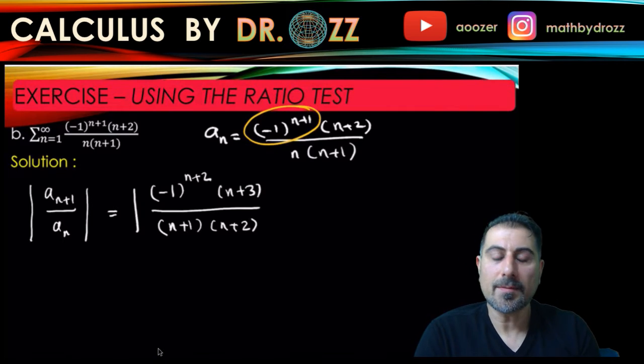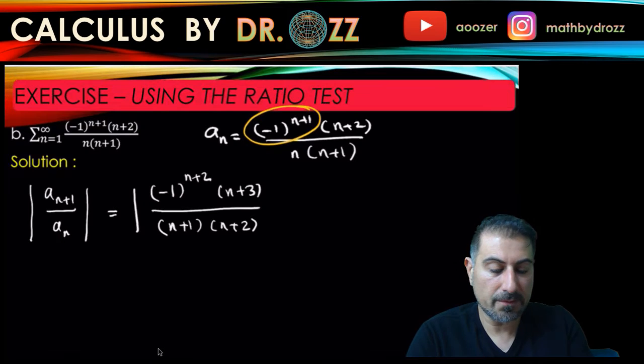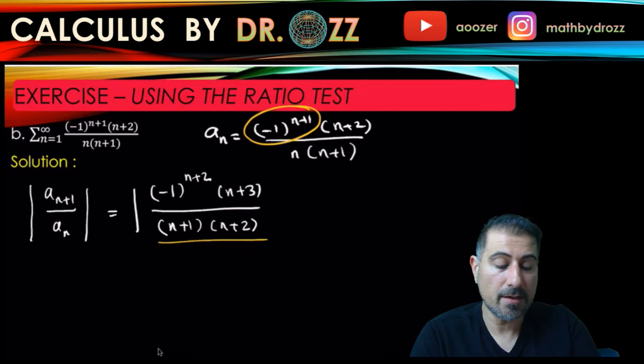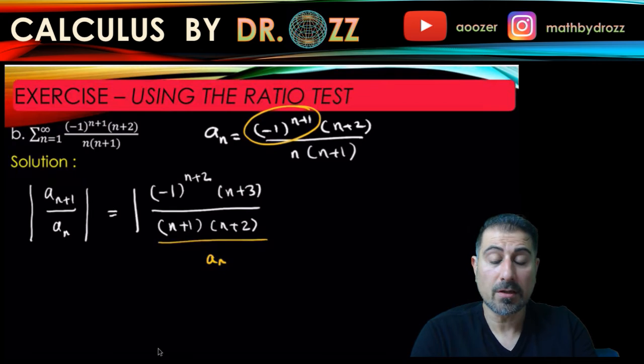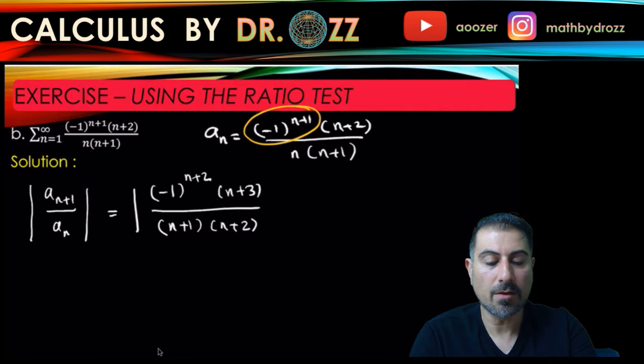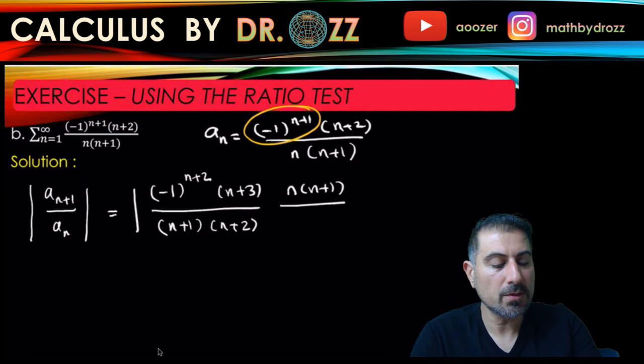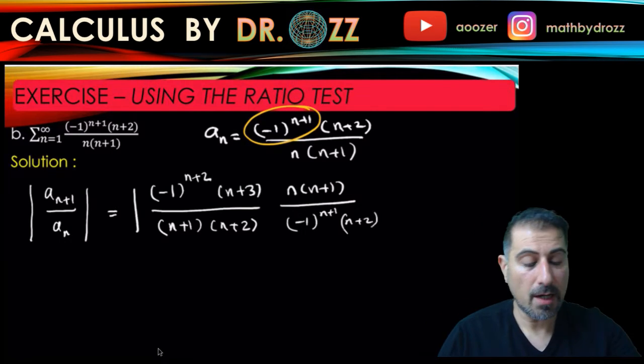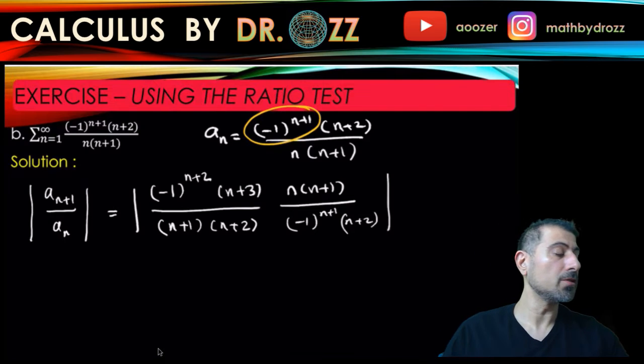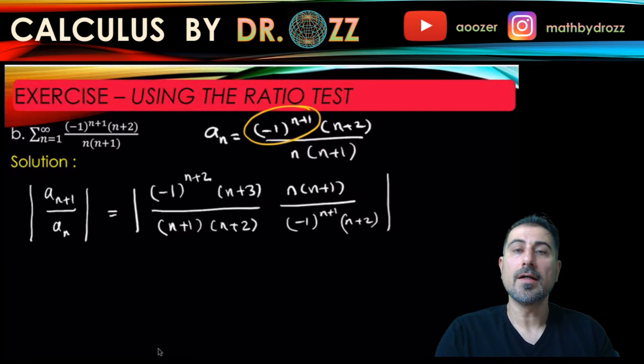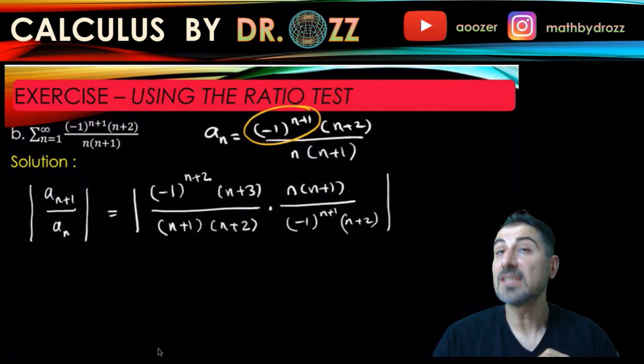So in the next step, I should divide this by a_n, right? But instead of doing that, well, a_n is right here. So I'm going to do everything in one step. I'm going to flip a_n over. So it's going to be (n+1), (-1)^(n+1), (n+2). Okay? I just wrote the flipped over version of a_n so that we save space here.